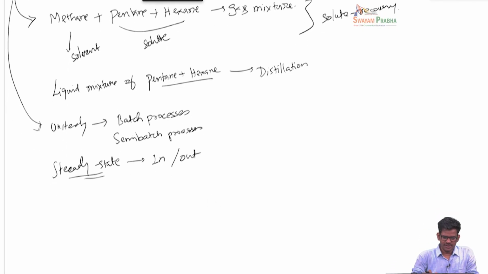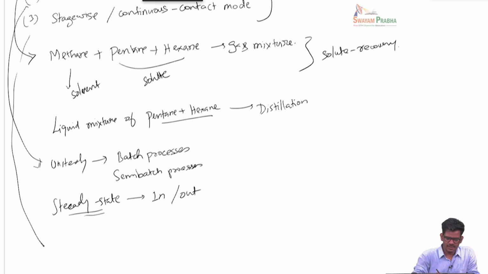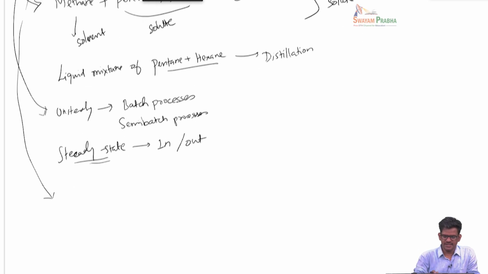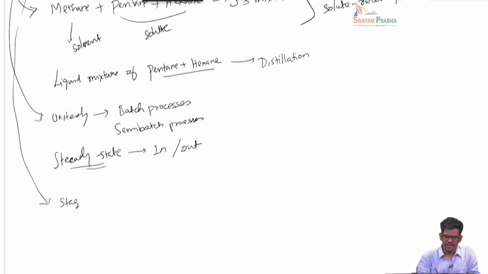And thirdly, about stage wise and continuous. So what is a stage? A stage is one where we take two immiscible phases for which we want to effect the mass transfer, for example, a gas and liquid. We have an equipment in which we bring them into contact, allow sufficient time for mass transfer to take place, and then we physically separate the two phases.